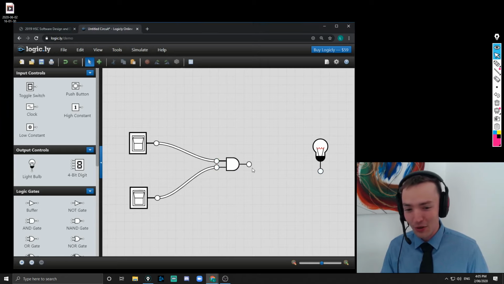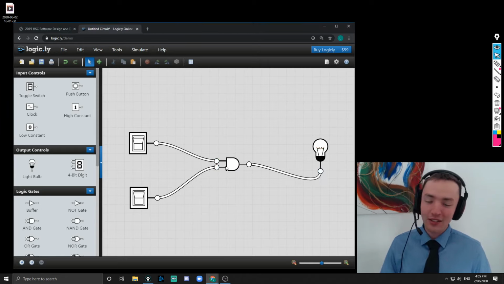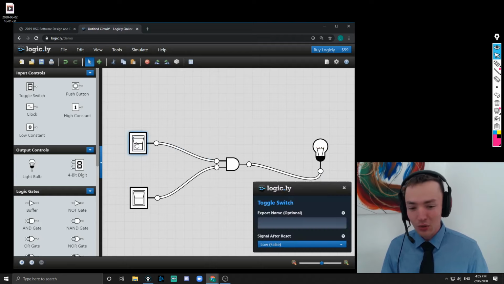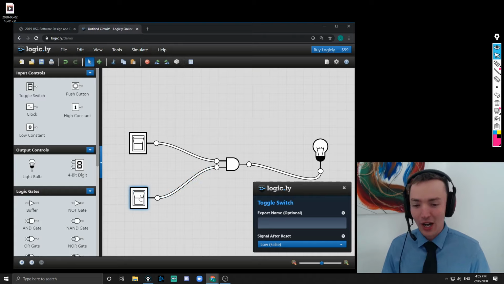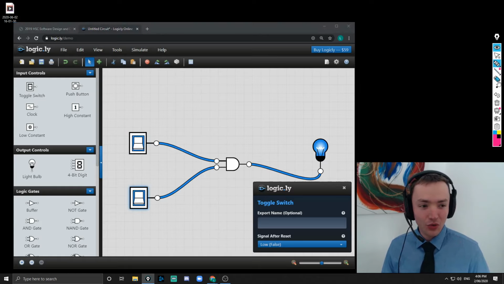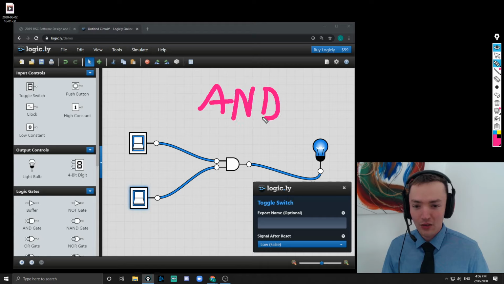This is the AND gate, and all we think of is if we connect them both. The AND gate's a little different from the OR gate in that, as you could probably guess, if only one of these switches is on, it will not activate, but if both of them are on, then the output will activate. So this is called the AND gate.